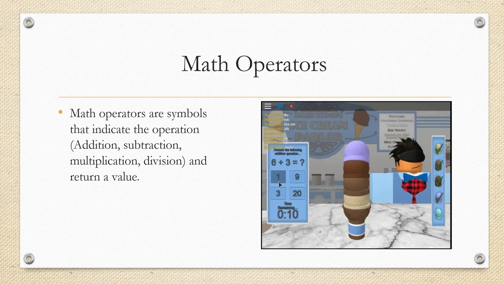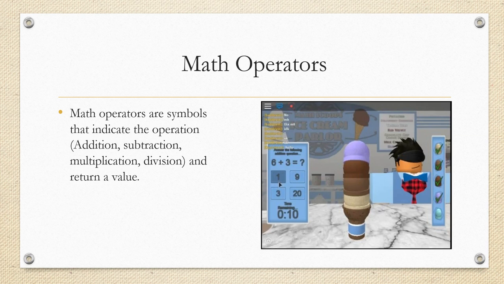So, math operators you already know. Why do we use variables and math operators in programming? Well, most games have counts, calculators, spawning locations, or instances in which objects have to be recreated over and over again.